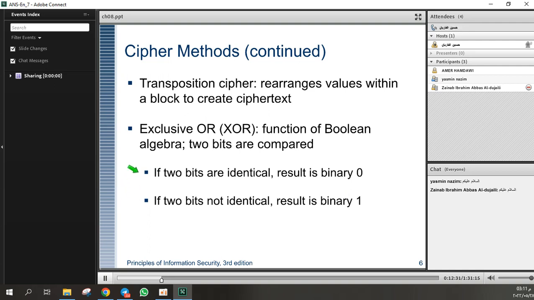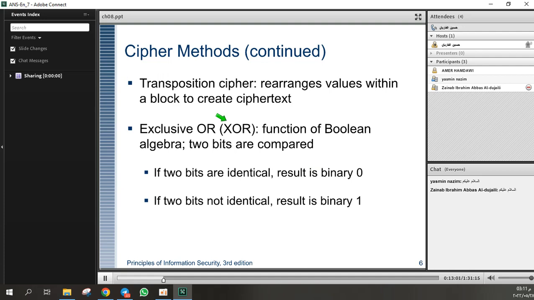By knowing this simple but meaningful functionality, we can use XOR, or exclusive OR, function.